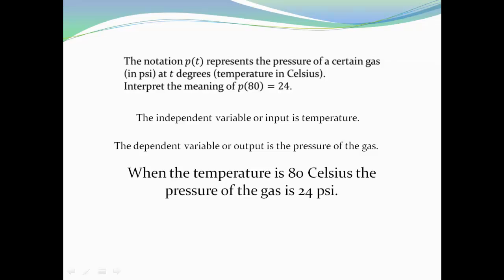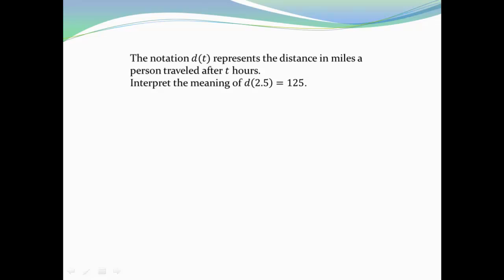Let's look at one more. The notation d of t represents the distance in miles a person traveled after t hours. Interpret the meaning of d of 2.5 equals 125.